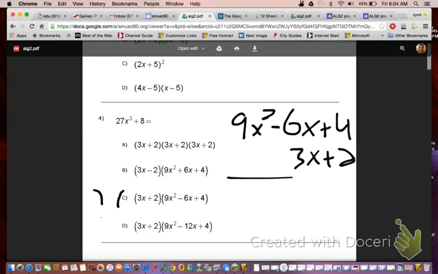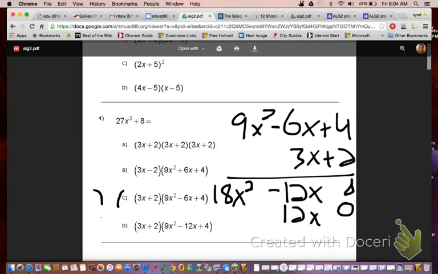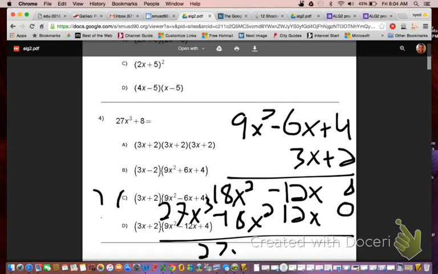If you do this correctly, you should end up getting that. So let's see, 27x cubed plus 8. So it has to be choice C.